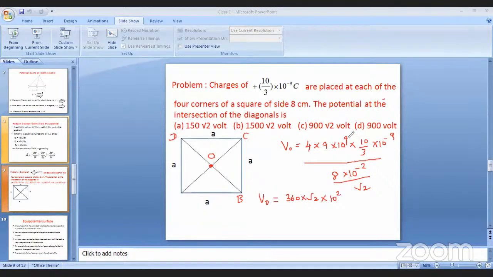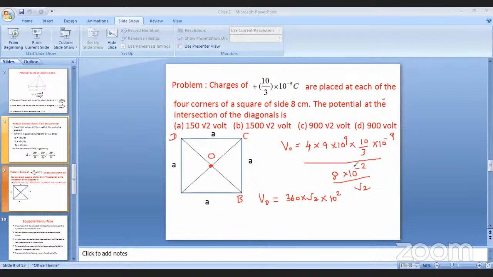Here 10 power 9 and 10 power minus 9 cancel out.